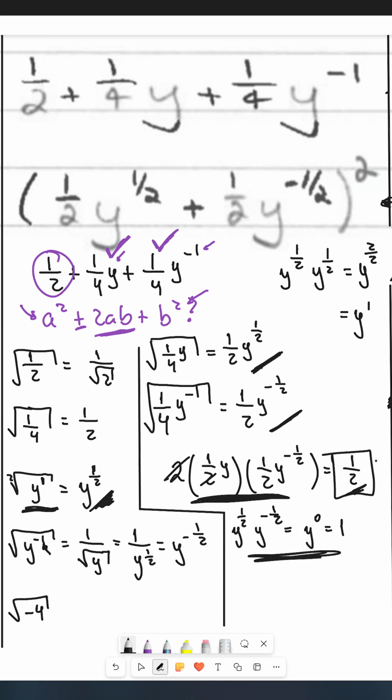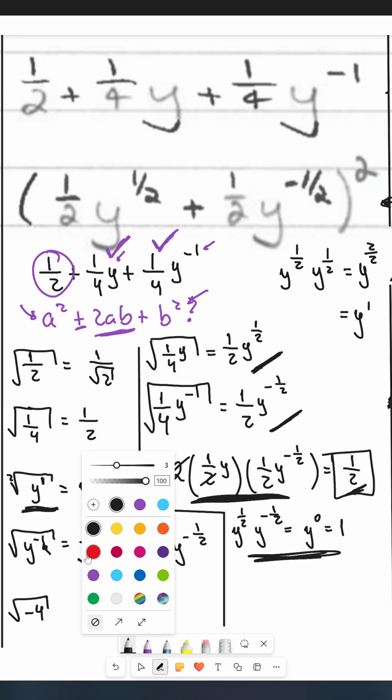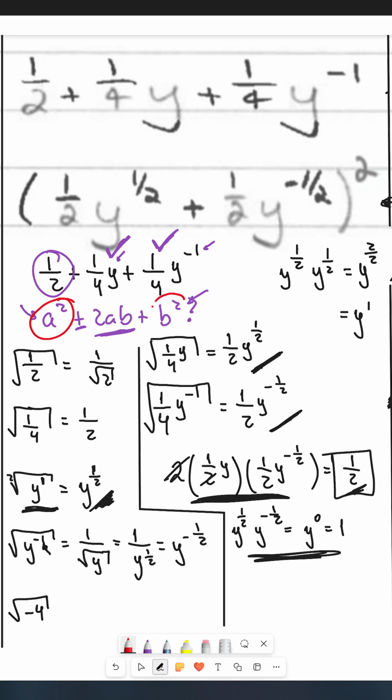And this is the final step to know that you actually have a perfect square trinomial, because these are the 3 characteristics. You have to have 2 terms that you can get the square root of. So this one and this one turn out to be this one and this one.